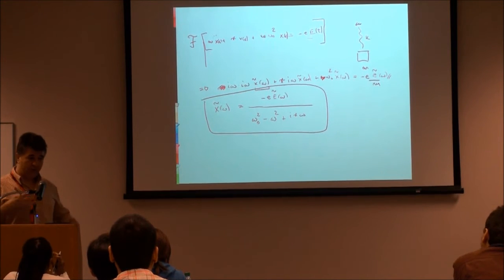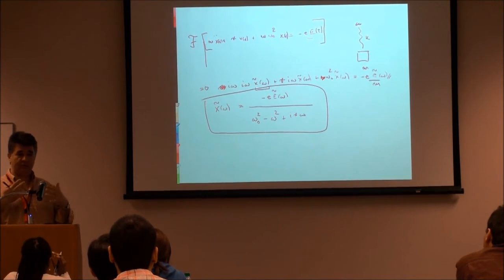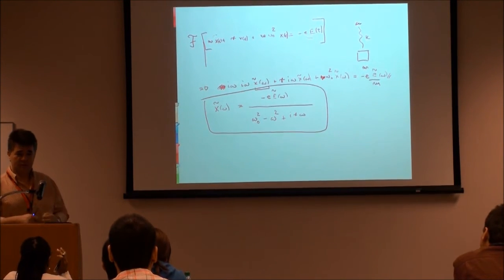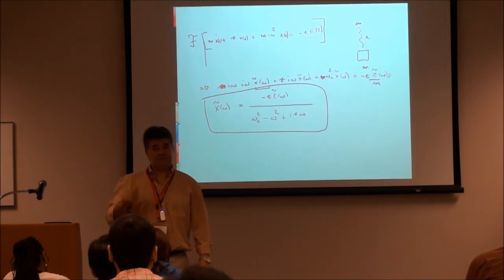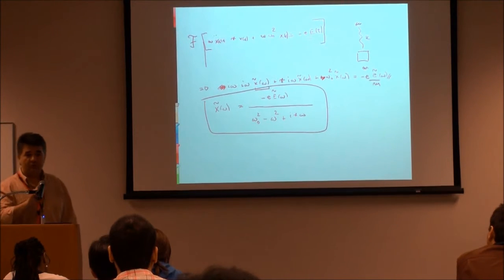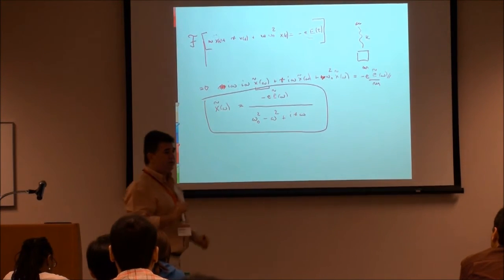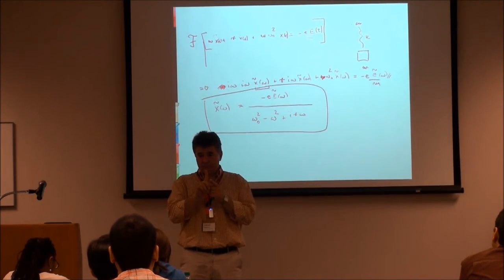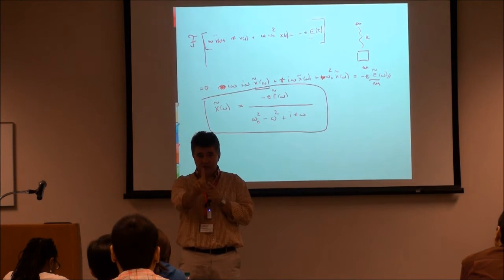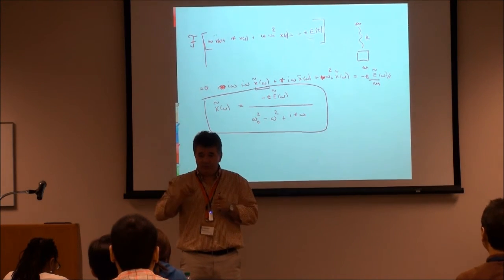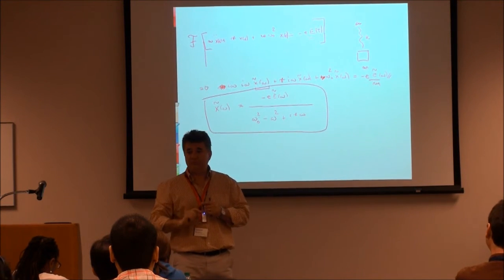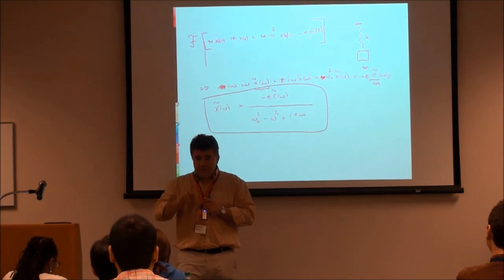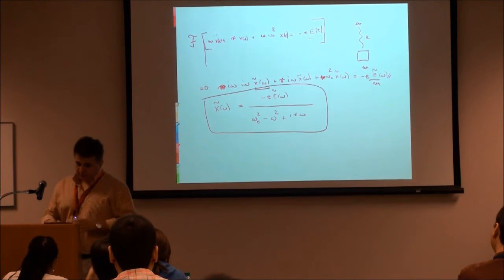You might not have a physical intuition for what x of omega means. Inverse Fourier transform. Great. So let me tell you what x of omega means. It means that if I have a force, or a perfectly monochromatic light coming into the system at frequency omega, the displacement in the medium will be exactly x of omega.